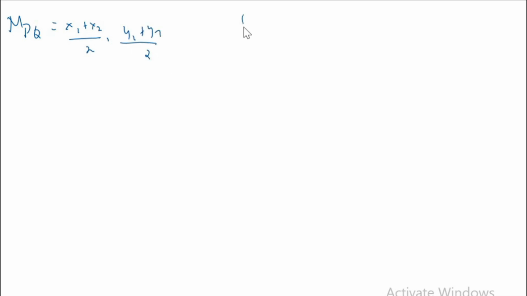So I will write first the given. The point P is (1, 8), and the coordinates of Q are (5, negative 6). This is now the diameter. And as I said earlier, we can find the center of this diameter by using the midpoint formula.